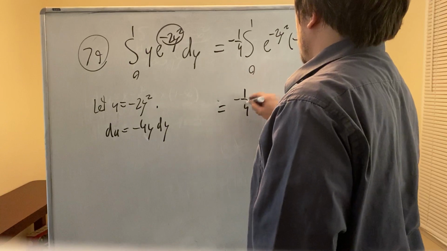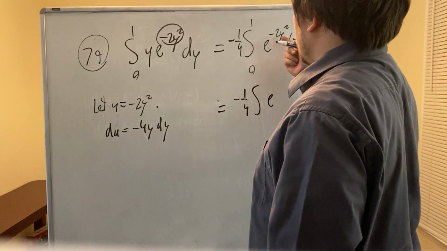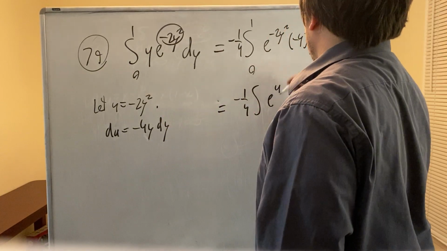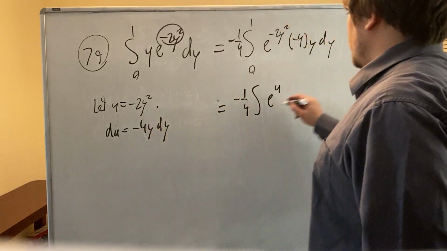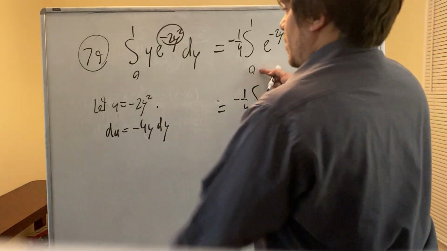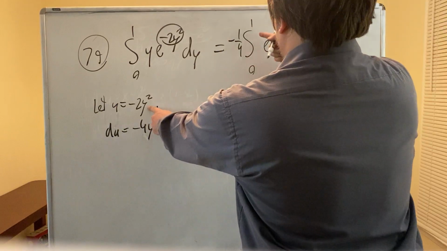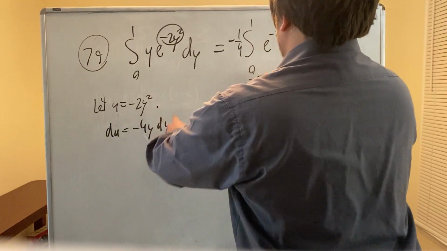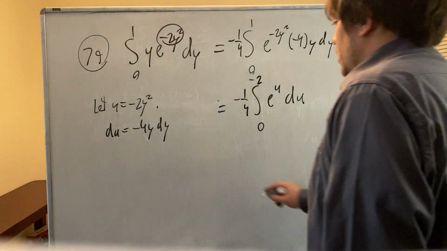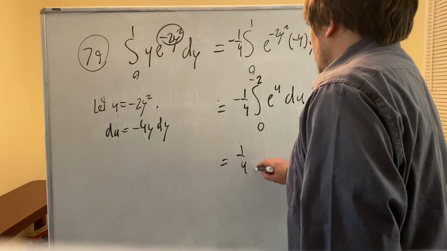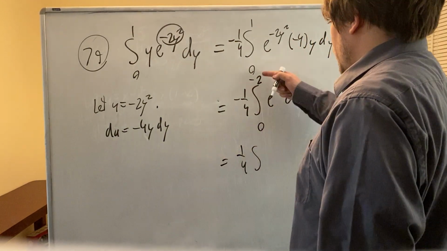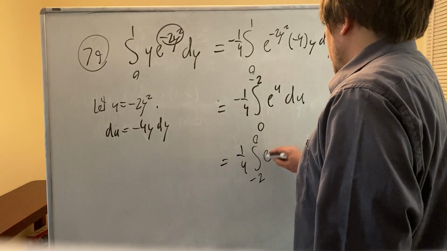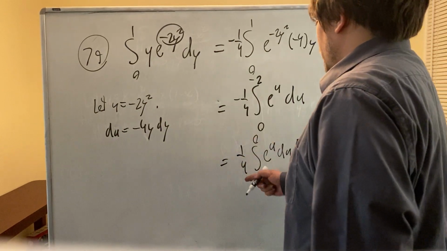This equals negative 1/4 the integral of e to the u, negative 4y dy is du. And when y is 0, u is 0. And when y is 1, you get u is negative 2. And so this equals, now I'm going to switch the limits of integration from 0 to negative 2 to negative 2 to 0, and then I'm going to get rid of the negative sign there.